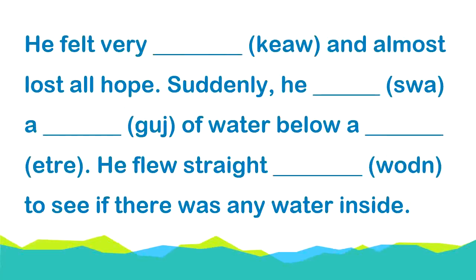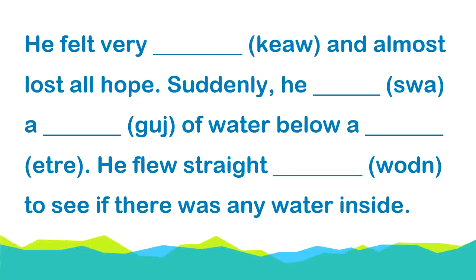He felt very dash and almost lost all hope. Suddenly, he dash a dash of water below a dash. He flew straight dash to see if there was any water inside.